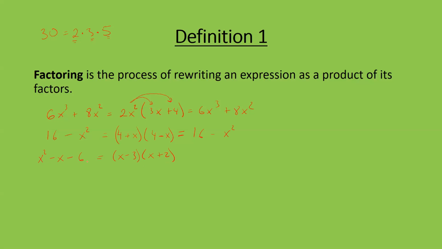Again, we took an expression and rewrote it as a multiplication problem, and it's not very difficult to see that if I multiply x minus 3 by x plus 2, right, x times x is x squared, x times 2 is 2x, negative 3 times x is minus 3x, negative 3 times 2 is minus 6, and when I combine the like terms, I get x squared, 2x minus 3x is minus 1x, minus 6, I do get my original expression.